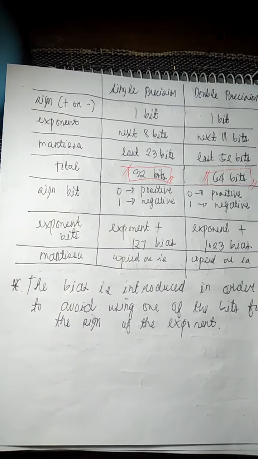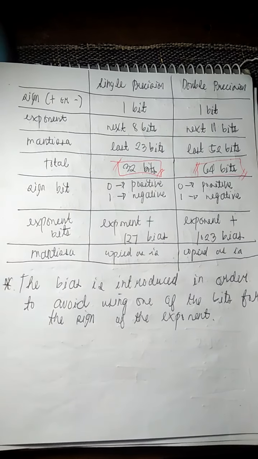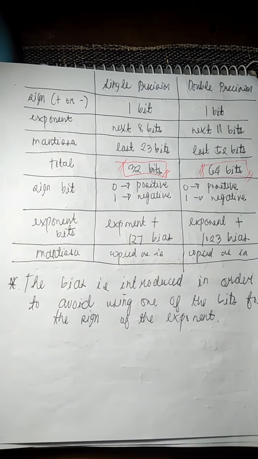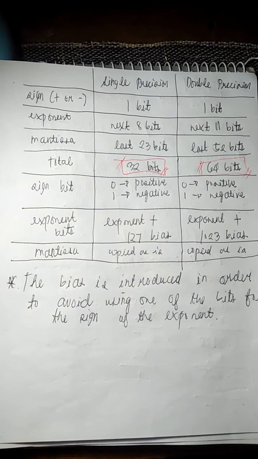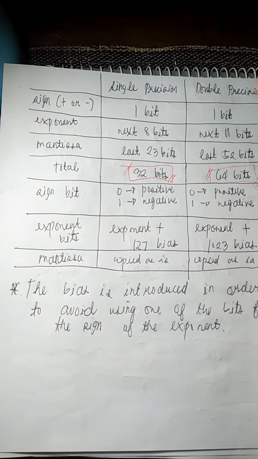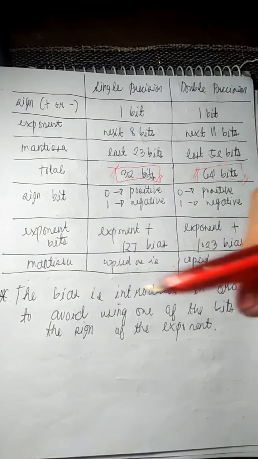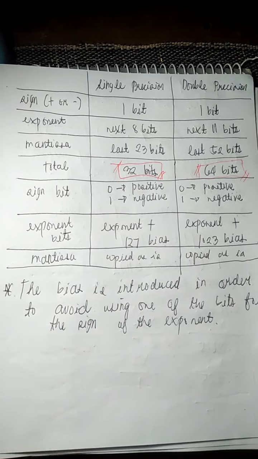To determine the sign, if 0, positive; if 1, negative. It is the same for single and double precision.